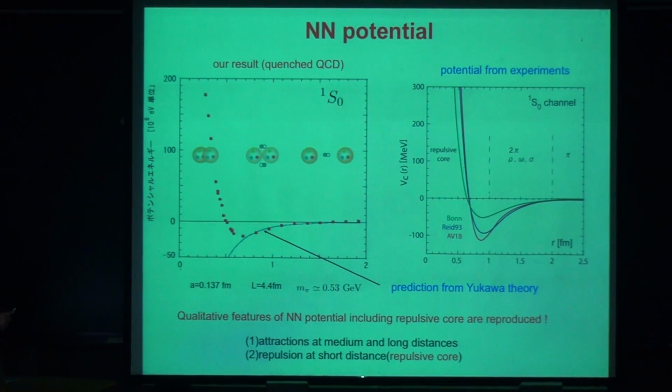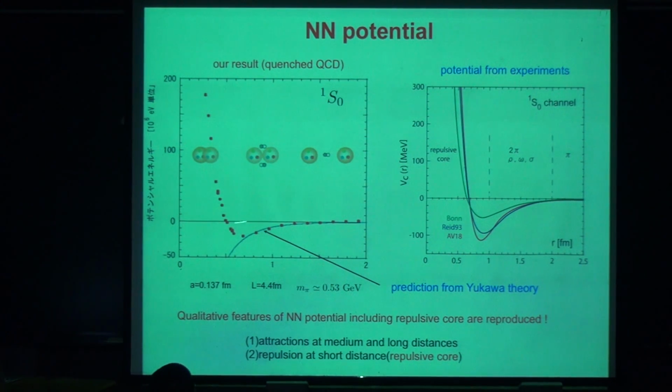This is the result of the NN potential from our calculation. In this first calculation we used the quenched approximation, so it's a quenched QCD result. The red points are our result. This blue line is the prediction of Yukawa theory. And this is the nuclear potential I showed before, determined from experiment.